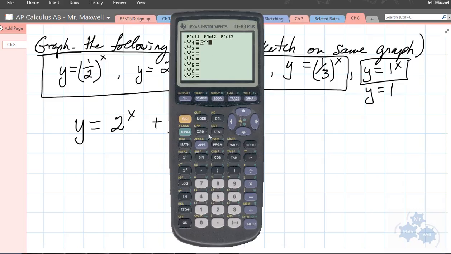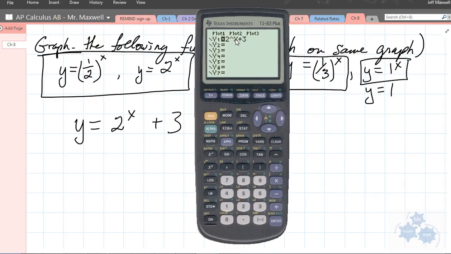Any guesses on what this would be if you haven't done it already? What do you think's going to happen here? It's going to be moved over to the left 3 units? Okay, could be. Do you remember the transformations from last year? All right. So some kind of moving of this graph.